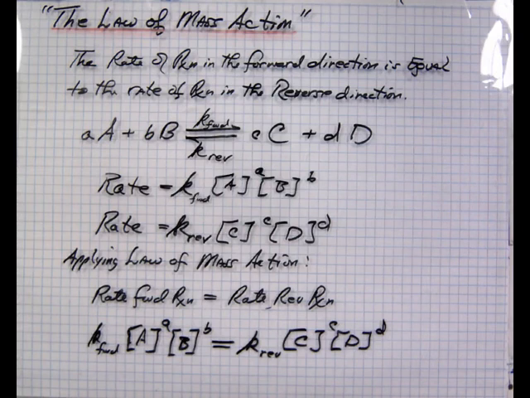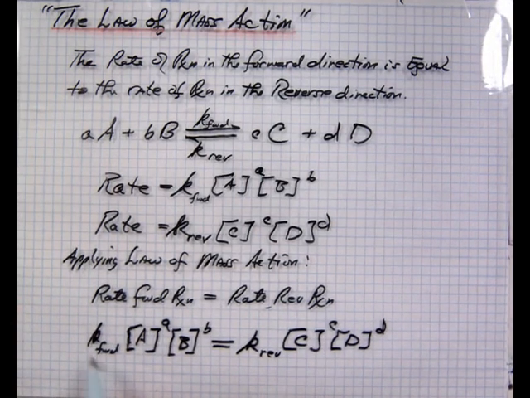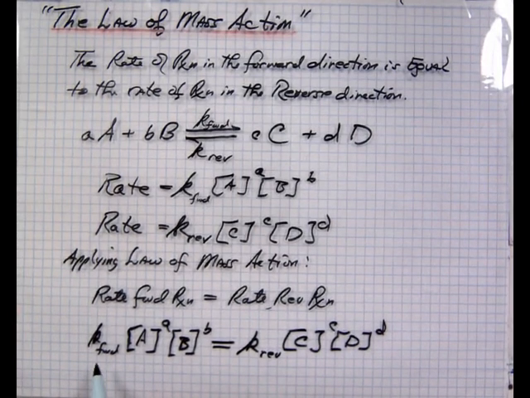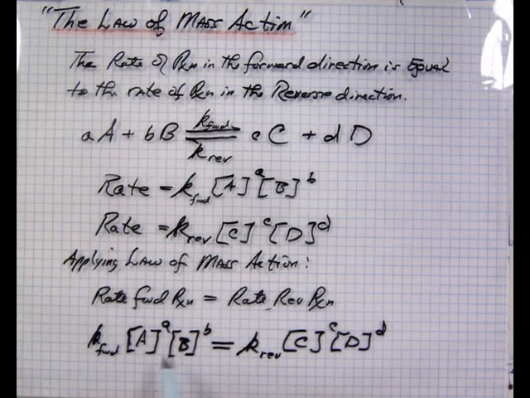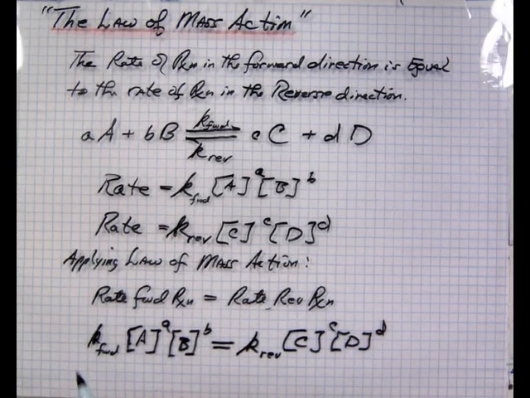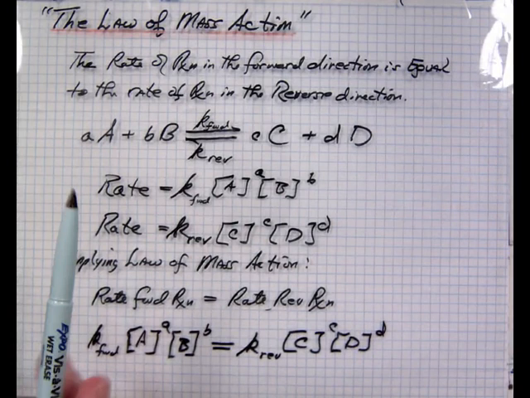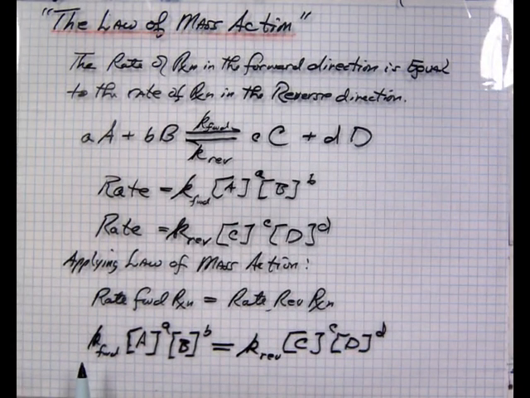The next step is two options. We need to take this expression, rate forward equals rate expression reverse, and solve for a rate constant ratio such that as the reaction proceeds to the right, the ratio number increases.